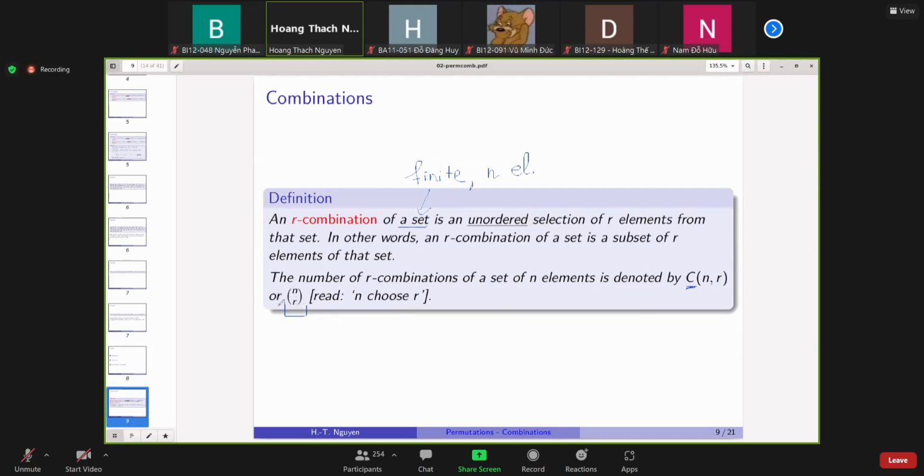Okay, so this notation is read as n choose r. Okay, n choose r means, in Vietnamese, you can say n chọn r, or tổ hợp chập r của n. Okay, so in Vietnamese you can also say n chọn r. Okay, n choose r. It's the same.